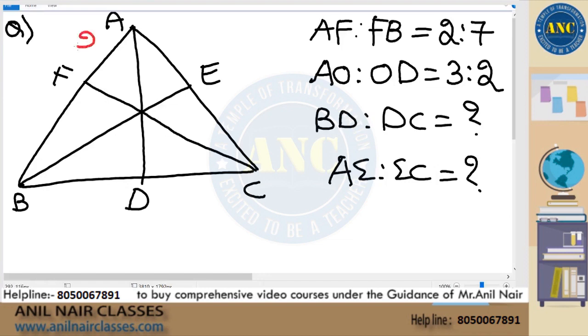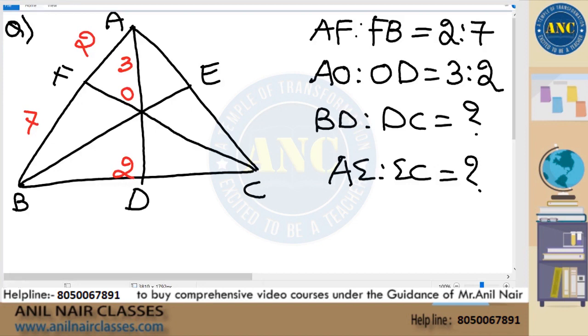AF is 2. Divya, I hope through this problem your doubt will be clarified. Right? Listen carefully. AF is 2, FB is 7. AO is 3 and OD is 2. It's easy if you understand this. You take any one point as a point of reference, you will get all the answers.